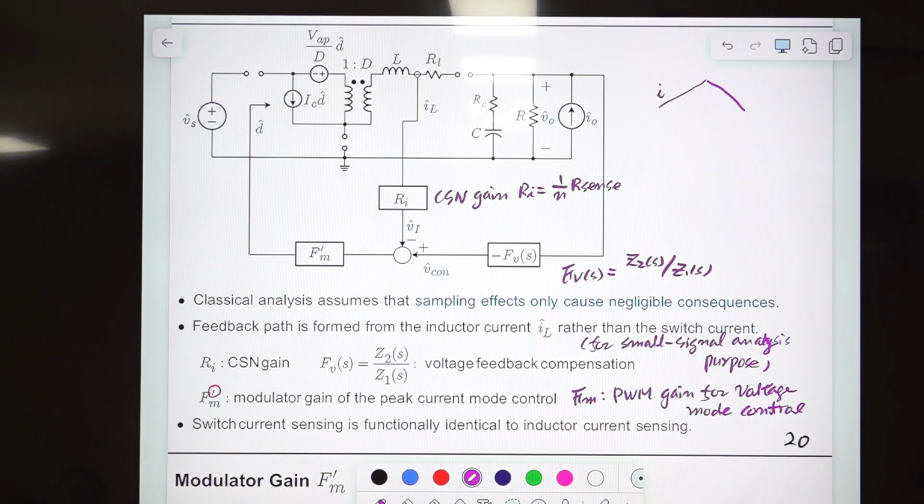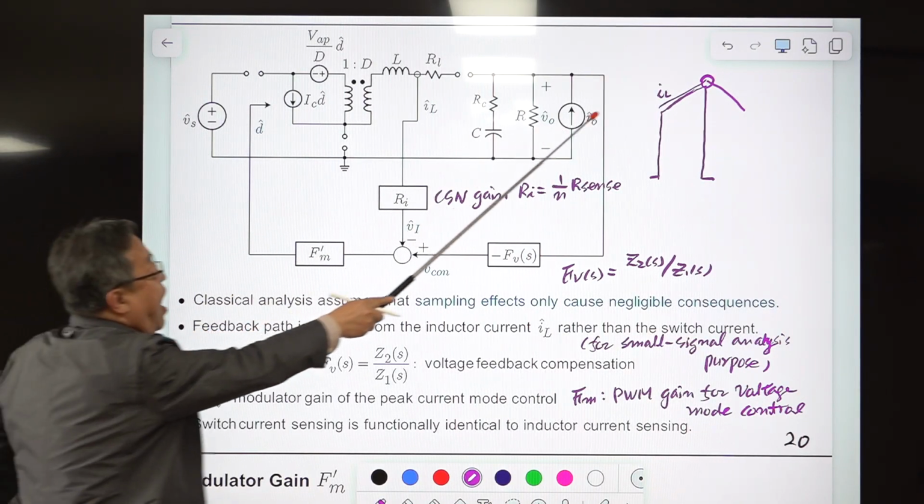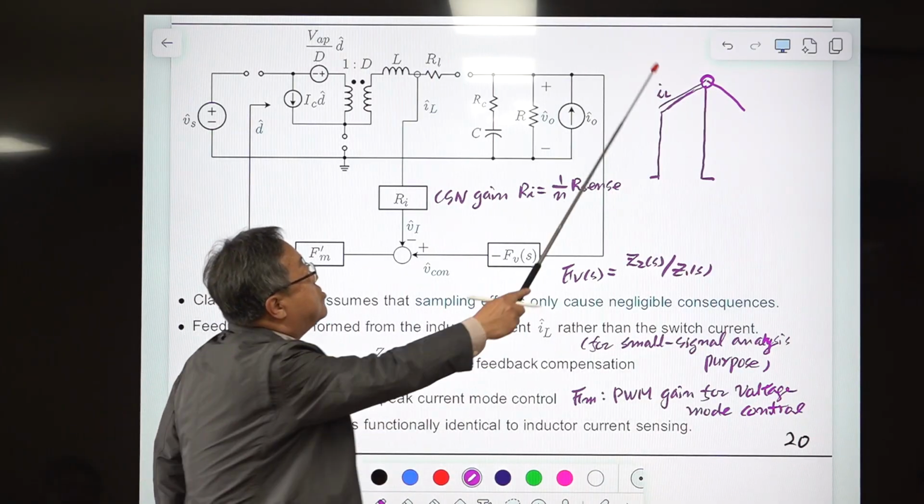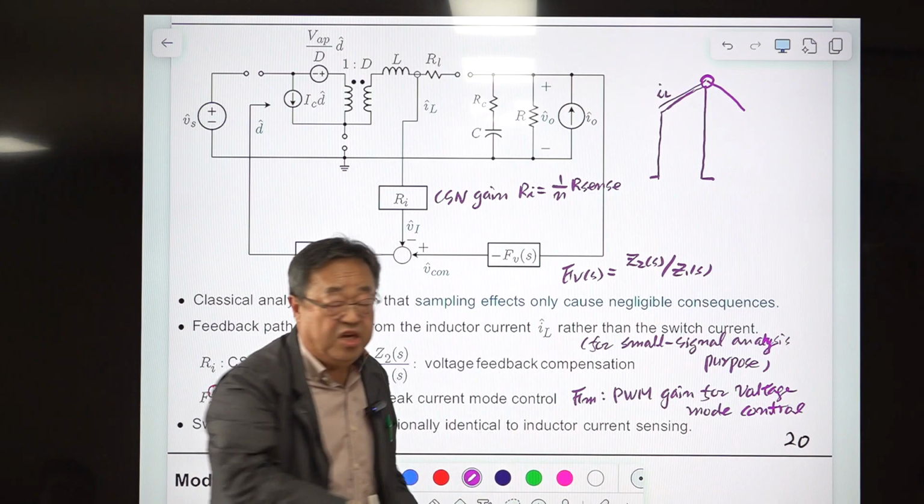This is IL, and this is IQ, okay. And the switching action occurs at this point. So for this purpose, this IL and IQ are exactly the same. Of course, there is a IL missing in here.